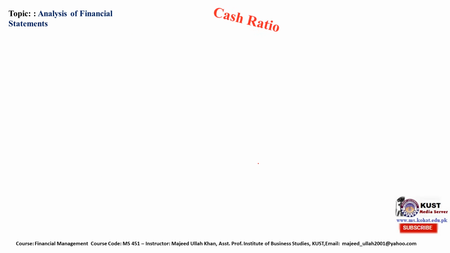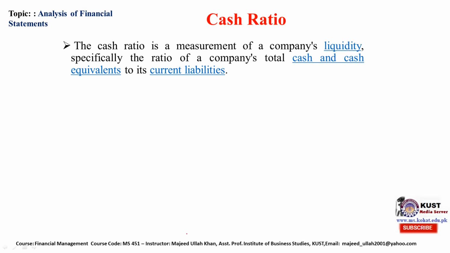Now cash ratio. What is cash ratio? Sometimes people also have observations on fake accounts receivable, that the company generates fake accounts receivable. So in order to address this issue, the cash ratio is a measurement of the company's liquidity, specifically the ratio of the company's total cash and cash equivalents to its current liabilities. This ratio communicates how much liquidity the company has to pay all its current liabilities through cash or cash equivalents.